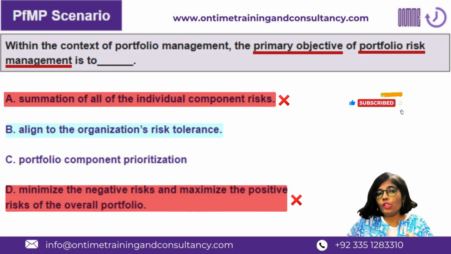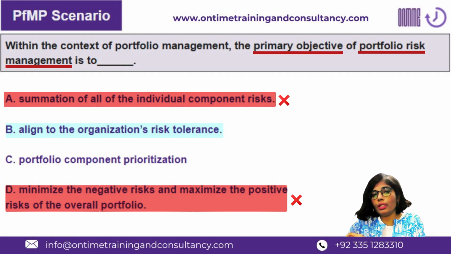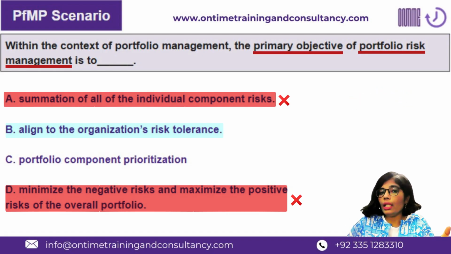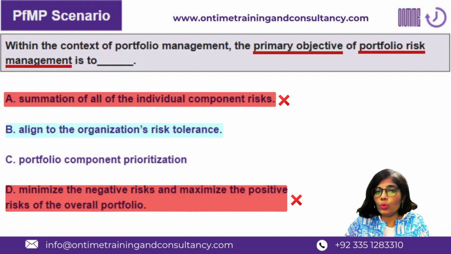So the organization is willing to start, continue and optimize that portfolio in alignment to its organizational tolerance, which is represented by risk attitudes. If the organizational risk attitude is averse, then most likely they are not willing to take too much risk on that portfolio.